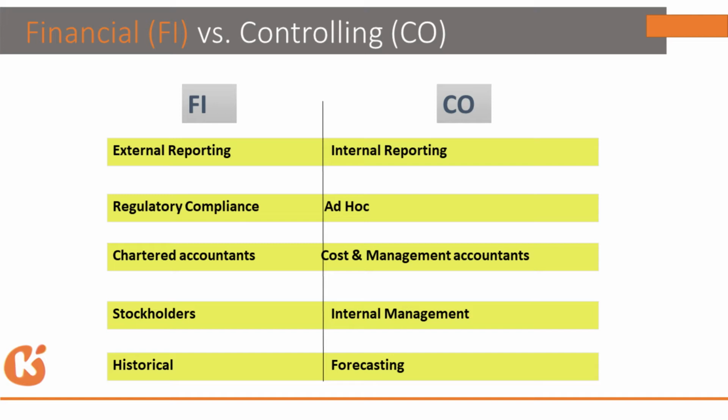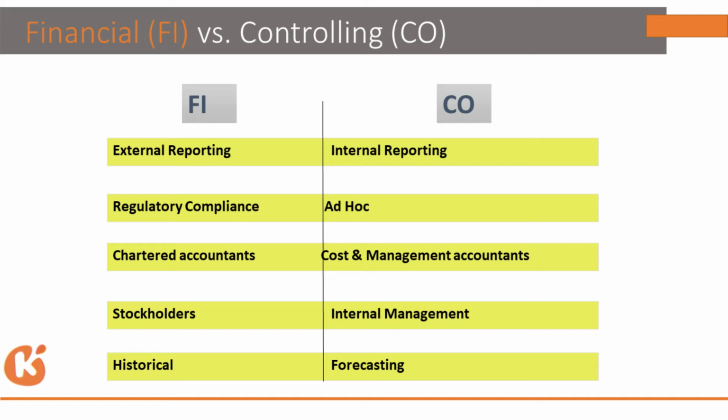So what about CO? So apart from this financial reportings, also we need a lot of other reports, like for management decision making, like profit reporting on cost, reporting on cost of goods sold, reporting on profitability, market segment. So this sort of reporting we are not able to get from FI, and that will be derived from controlling.